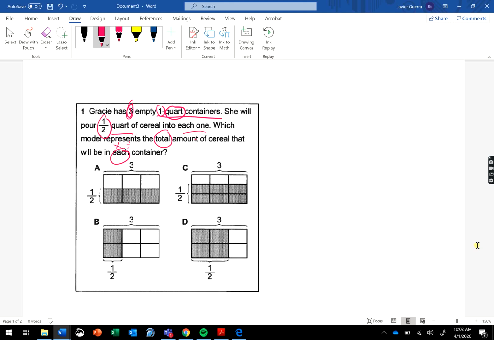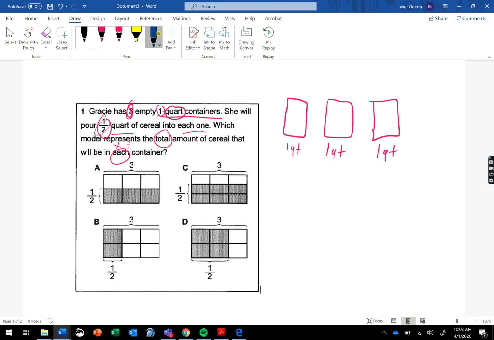Okay, so what I'm going to do here on the side, I'm going to draw 3 of them. That's 1, 2, and 3. Okay, so she's going to pour, I know each one is 1 quart in total, and she will pour half a quart of cereal into each one. So if she was to fill this in, she would fill in only halfway.